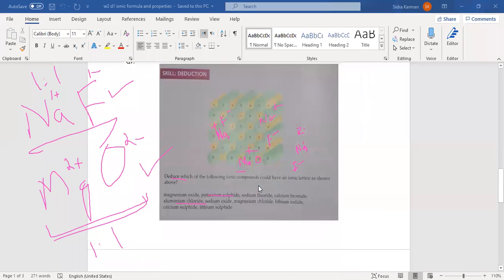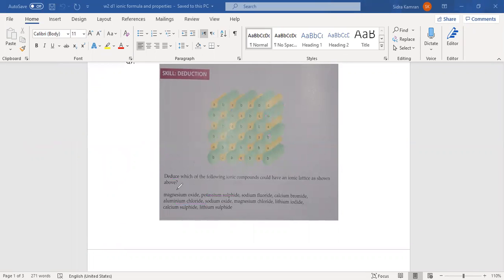The last question is from your textbook. Deduce which of the following ionic compounds could have an ionic lattice as shown above. You can see here A and C both have one atom attached to each other. So both ionic compounds, those having the same valences, could contain this lattice structure.